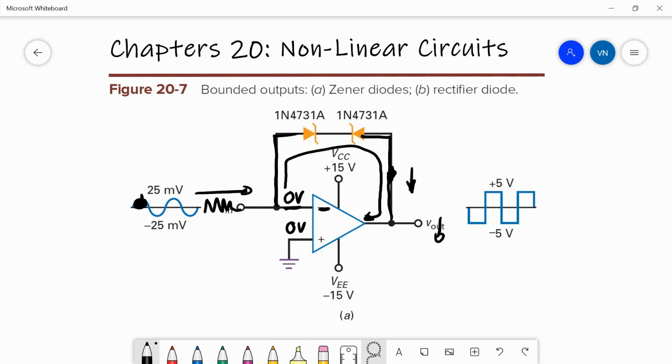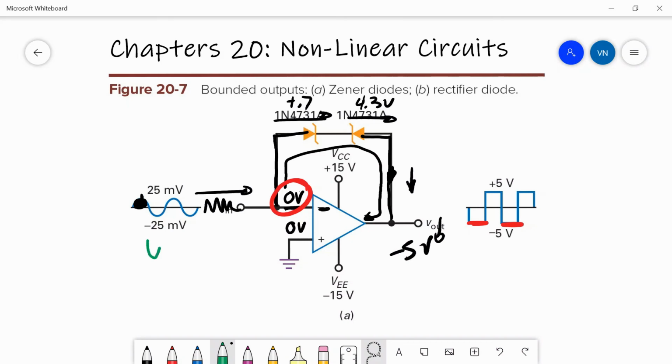And if we have a 4731 op-amp, if we have current going this way, this guy has 0.7 volts, and the 4731 in reverse bias is 4.3 volts. That means the output needs to fall to minus 5 volts to hold the input at 0. So when the input is positive, the output falls to negative 5 volts.